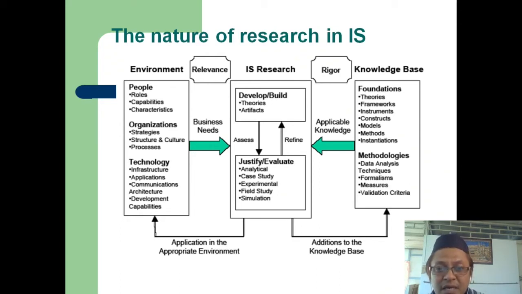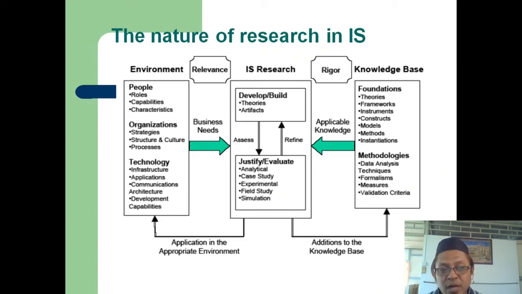System development here is defined as artifact. You can focus on the development of decision support system. You can also focus on the development of, say, transaction processing system. Or you can look into the interaction between users, okay, with the information system, with the artifact itself.